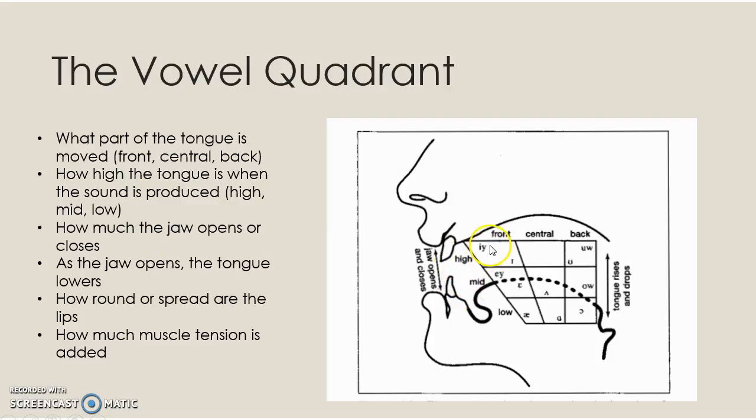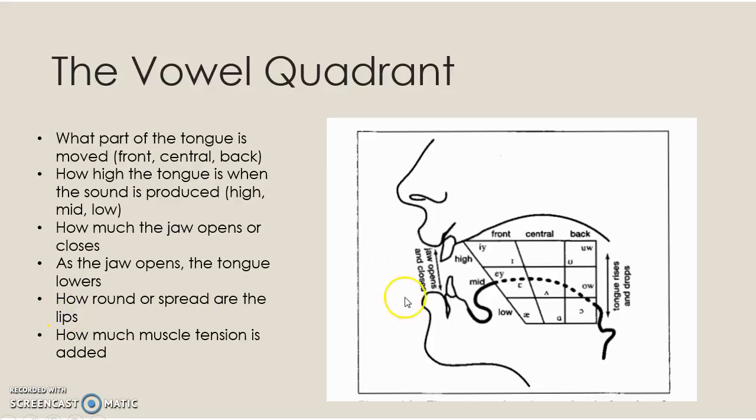It's very difficult to say E where you don't basically move your jaw too much, whether you say A, where you have to open your jaw all the way through in order to produce the sound. As the jaw opens, the tongue lowers. It's like a basic thing: the more you open your jaw, the more the tongue is going to lower.